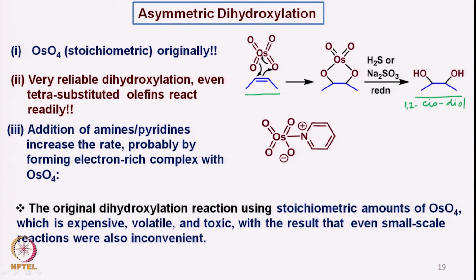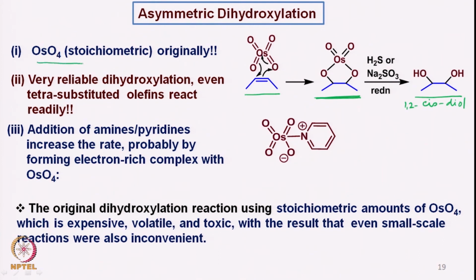The reaction proceeds very likely through such an osmium intermediate, which can be reduced, and we can get the corresponding diol. The reduction can be done with hydrogen sulfide or sodium sulfite.